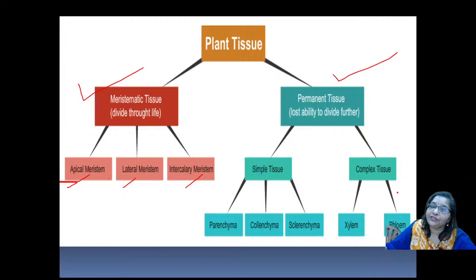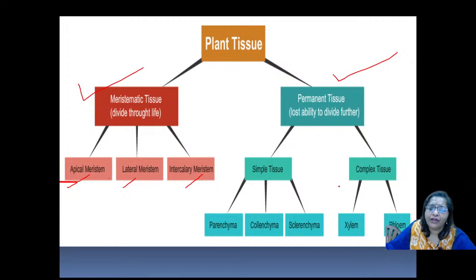The sieve tubes or sieve elements contain the sieve plates, which are very distinguished plates for transport of food. Phloem consists of 4 different types of tissues: the sieve elements or the sieve tubes, the companion cells, the phloem parenchyma, and the phloem fibers.